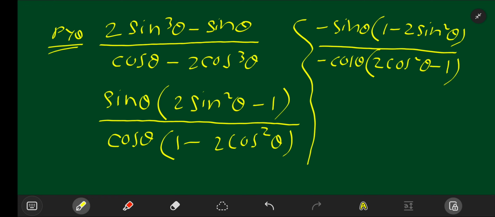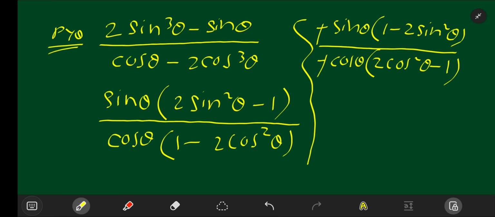When minus is taken common, minus 2 sin square theta becomes plus, and 1 becomes minus in the first bracket. Okay, 2 get cancelled.